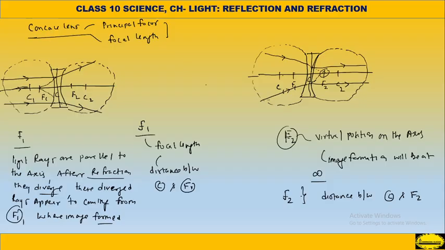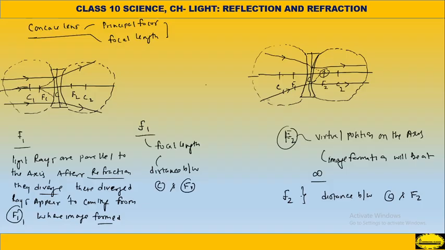We already have an idea that lenses are used in spectacles to magnify and to visualize the object. Lenses are also used in photographic cameras, microscopes and telescopes, and there are many other instruments where lenses are used.